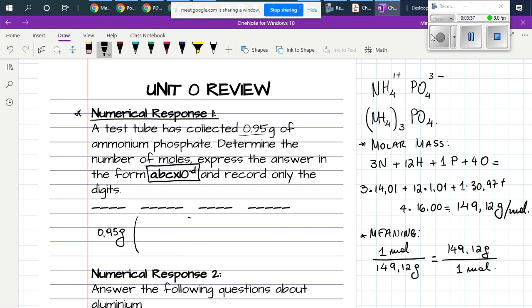What is the ratio that we have to use? Is it ratio 1 or ratio 2 on the chart? It will be ratio 1: 1 mole of ammonium phosphate is 149.12 grams of ammonium phosphate.